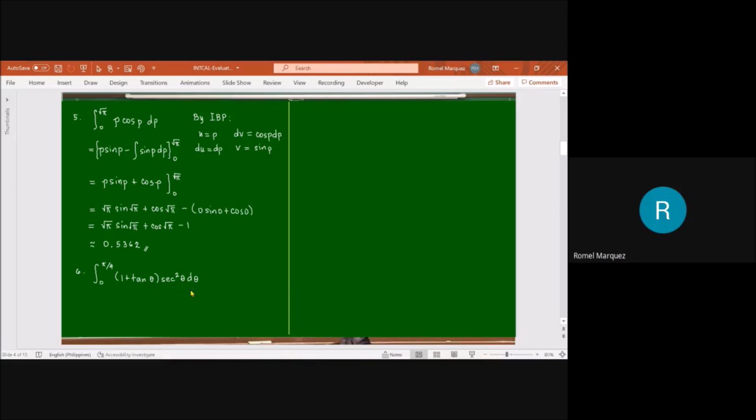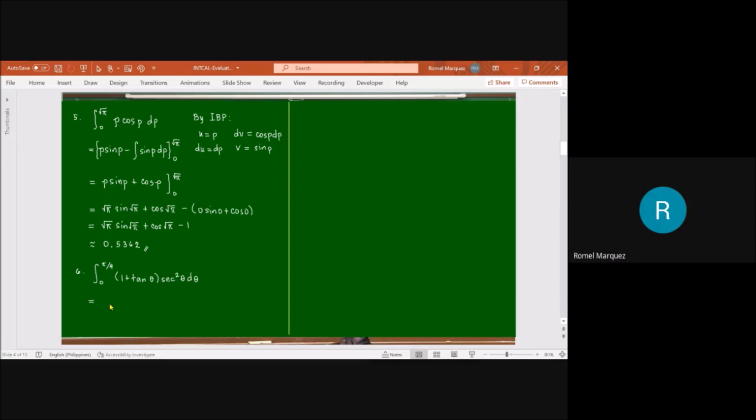So how are we going to evaluate this? We can evaluate this either taking the whole thing as u, or you can have individual integration, no? For secant squared, then the other one is secant squared tangent. So what do you want, guys? Individual or integration term by term, or taking the whole 1 plus tangent theta as your u?